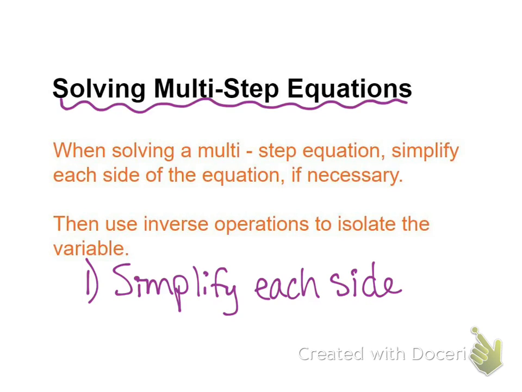Then, second, what does it want me to do after that? Use inverse operations. Get the variable alone. However you want to word it, I would just put get variable alone. Hopefully we know by now that we use inverse operations to do that. So if these were my notes, I would just write the title and my 1-2. You don't necessarily have to write every slide word for word.